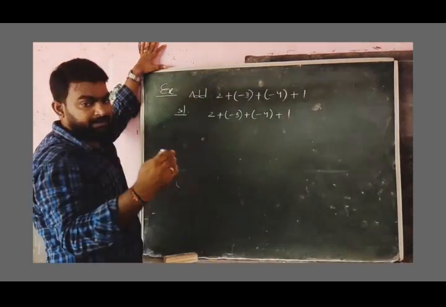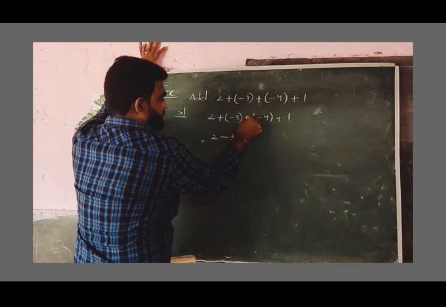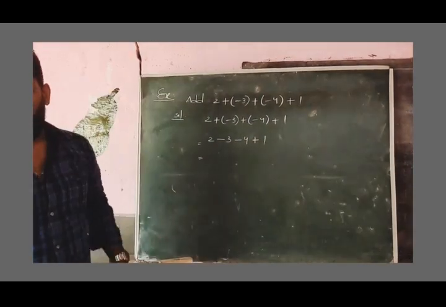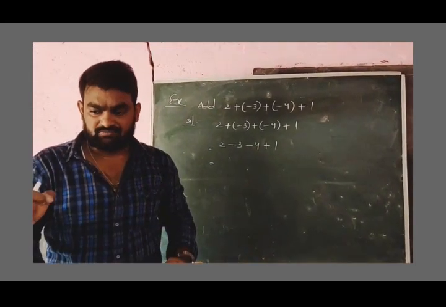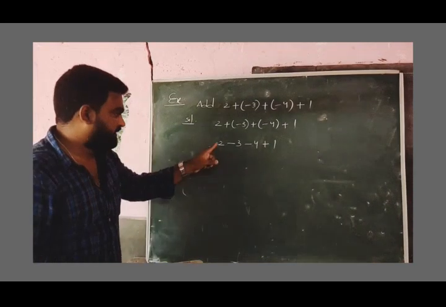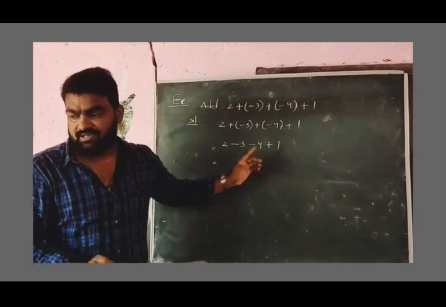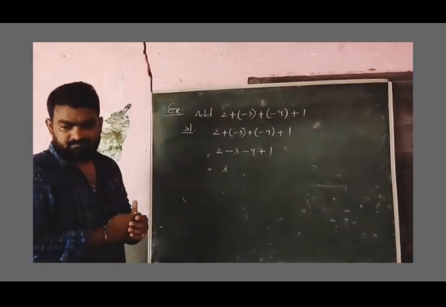First we have to remove the brackets: 2 plus into minus, minus 3 plus into minus, minus 4 plus 1. Now we have to make all positive numbers as one positive. Here we have 2, one positive number, and 1 also positive. So by adding the two positives we get 2 plus 1, 3.